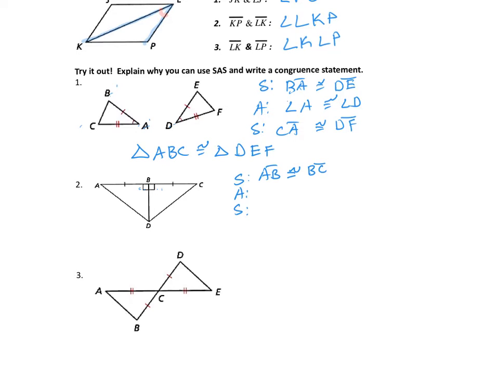So I know that angle ABD must be congruent to angle CBD. And then here, remember our reflexive property, we can say that BD is congruent to itself, BD, from reflexive.